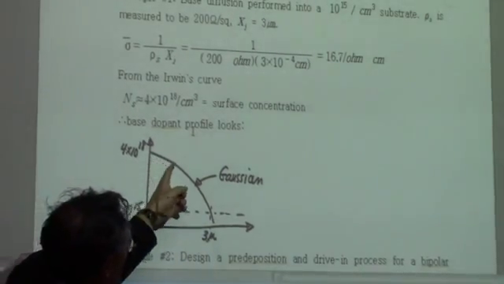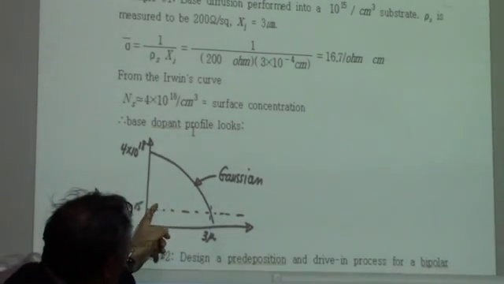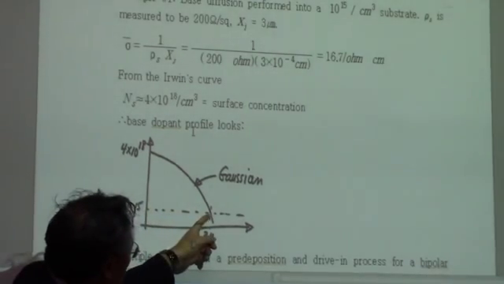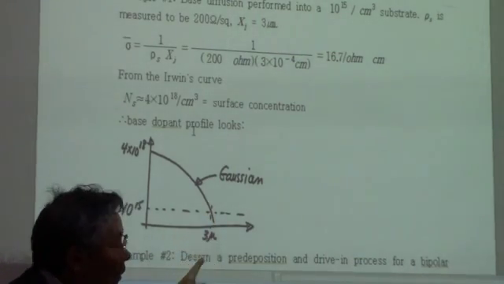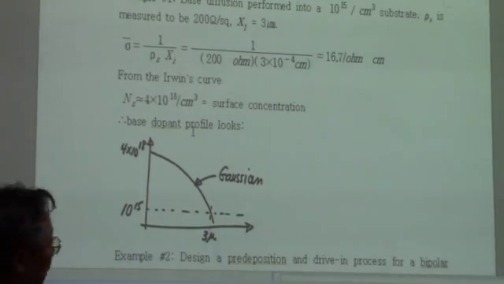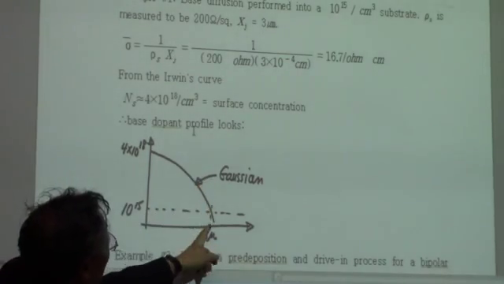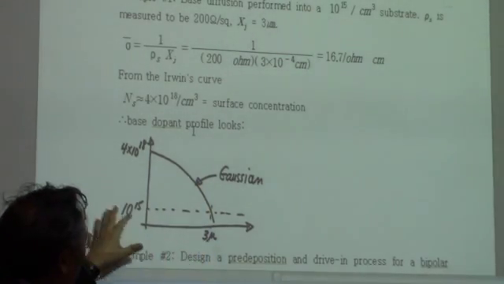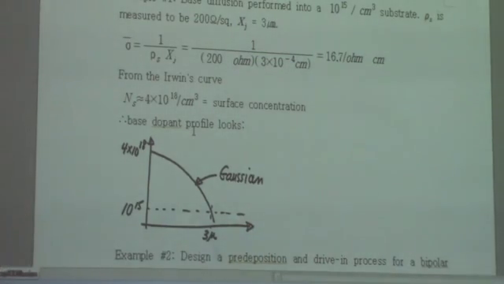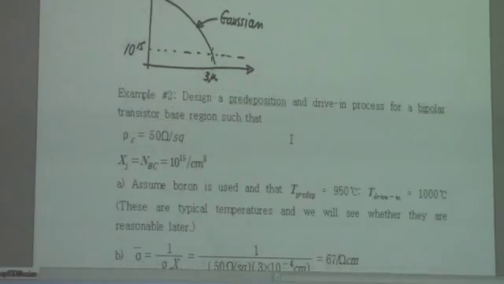Along this profile, where the concentration becomes 10 to the 15th, that's where we have the junction, okay? And that junction has been measured to be 3 microns. So this is the total profile that we have after the doping process on the silicon wafer, right? And that's pretty simple. Example 2, we are going to discuss next week on Monday, okay?